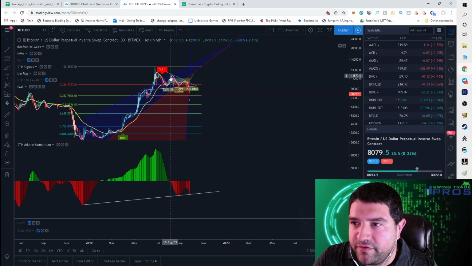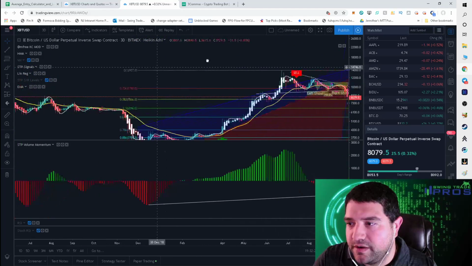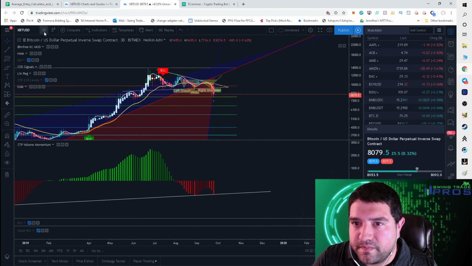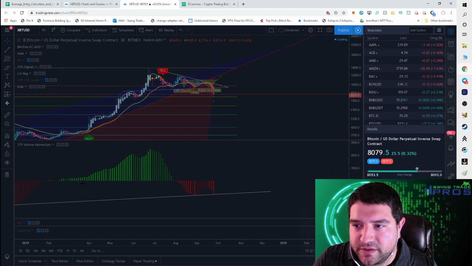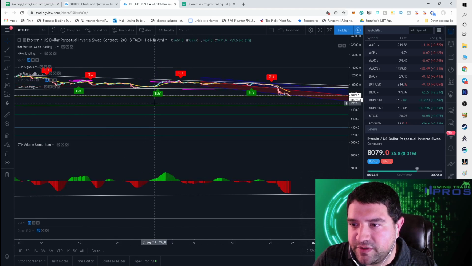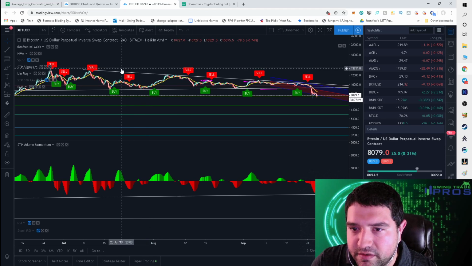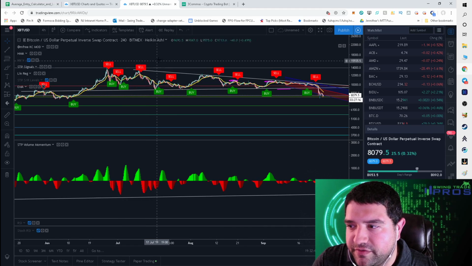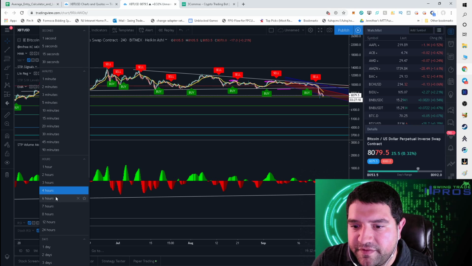Maybe you would have got wrecked up here, but that's why I don't really trade on a 3-day chart. It's really best to use smaller time frames with the signals because, like I just demonstrated, the 3-day chart is not enough information. So I would stick to a 4-hour if you're going to be manually trading, or maybe an hourly or a 15-minute if you like.